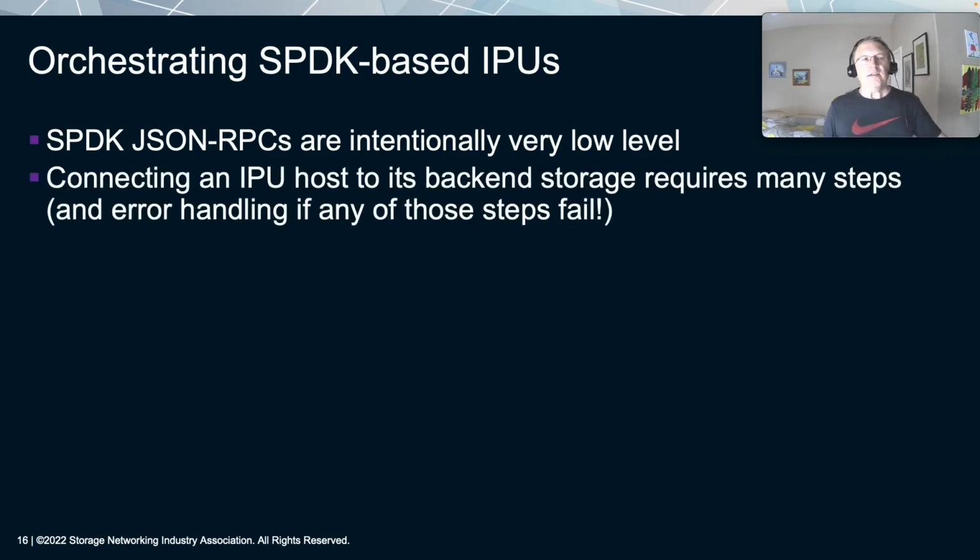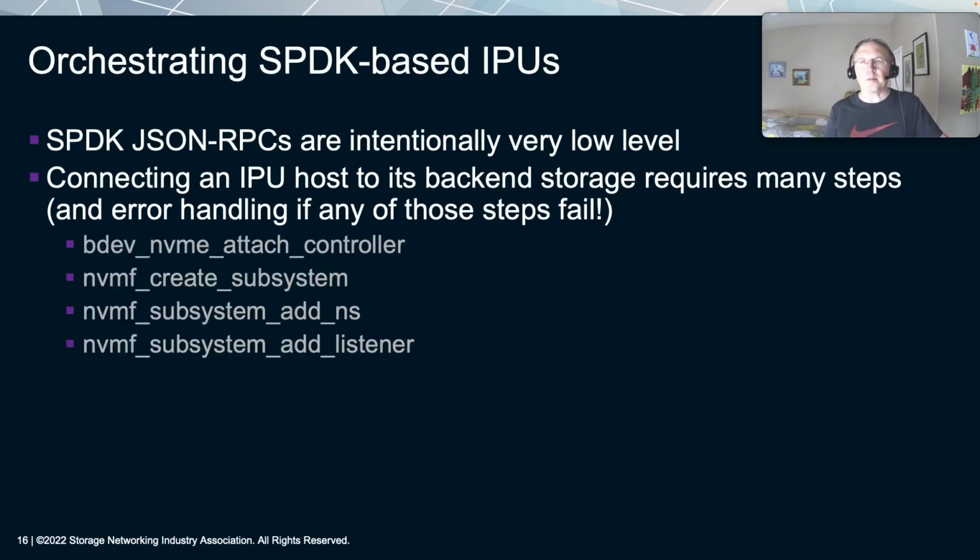But this means that when you want to connect an IPU host to that backend NVMe TCP storage, there are a whole bunch of steps and different JSON RPCs, and some of those RPCs may fail, which means you need to know how to walk back and undo what you had already done. This can be a little onerous if you're developing some kind of orchestration agent like a Kubernetes CSI node driver.